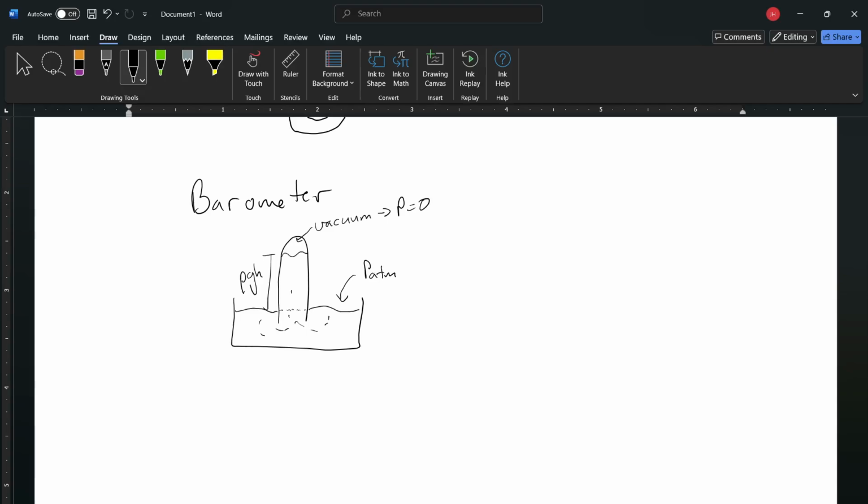Okay, and so the atmospheric pressure is pushing down and trying to fill the tube. The hydrostatic pressure is trying to hold that water up, and those are the same. So that means we know that P, the atmospheric pressure, must be equal to rho GH. So that's how a barometer works.